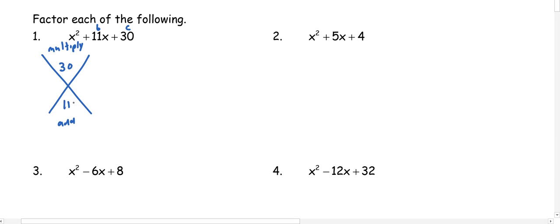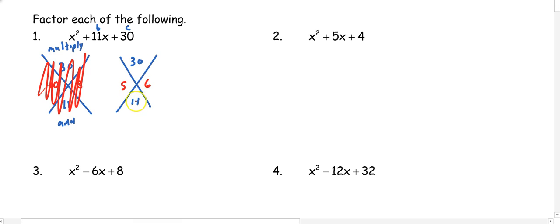Two numbers that multiply to 30 are 10 and 3. The problem is that those do not add to 11, so this isn't going to be our combination. So we need to try another combination of two numbers that multiply to 30 to see if those add to 11. Two other numbers that multiply to 30 are 5 and 6, and they do add to 11.